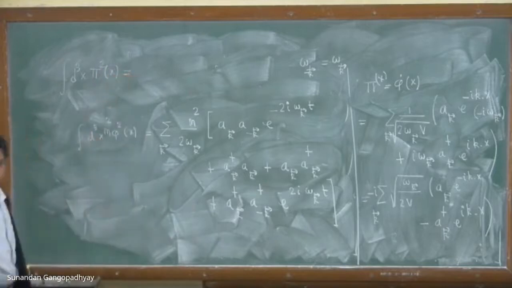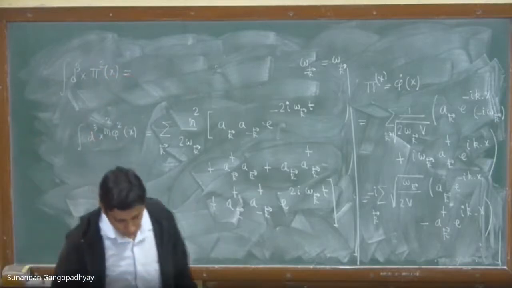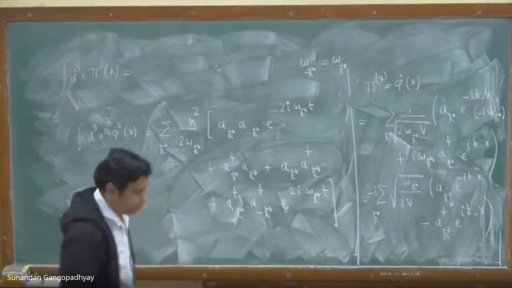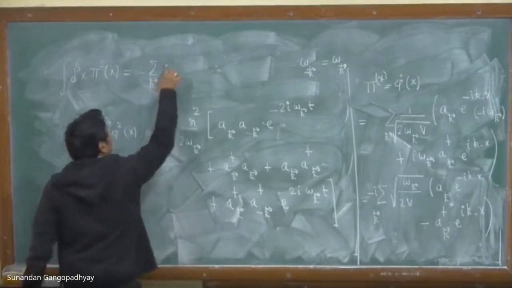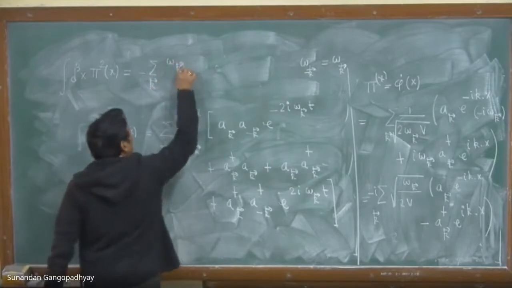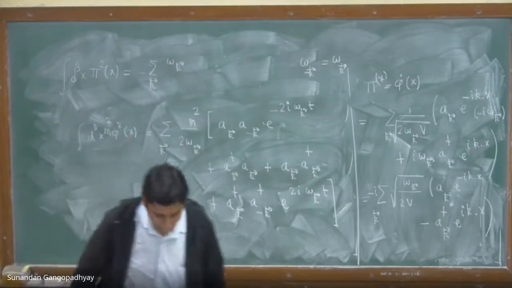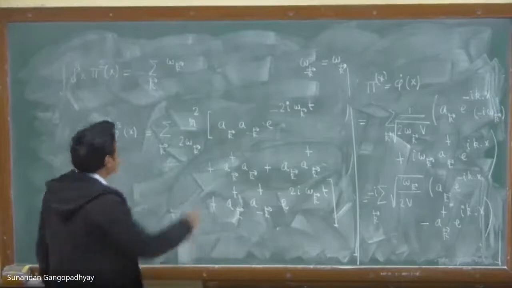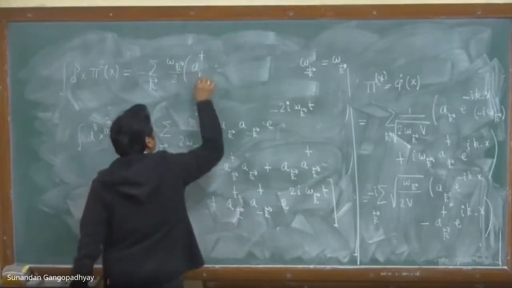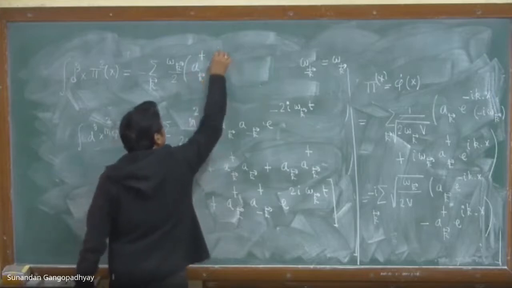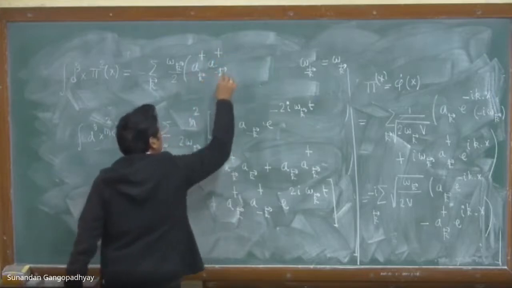So if you perform this integral d cubed x pi square x, you will get minus summation over k omega k by 2, a dagger k a dagger minus k.